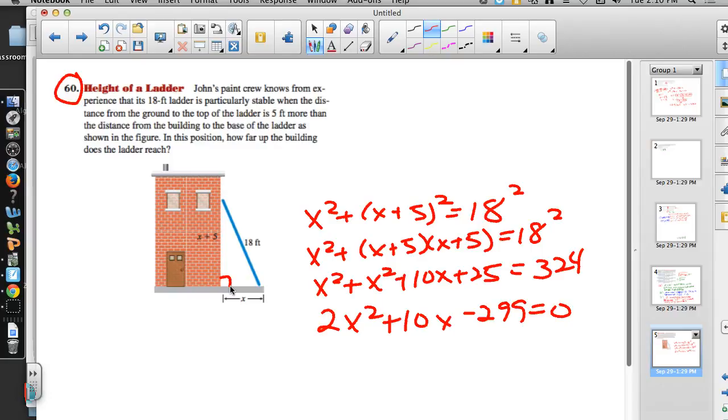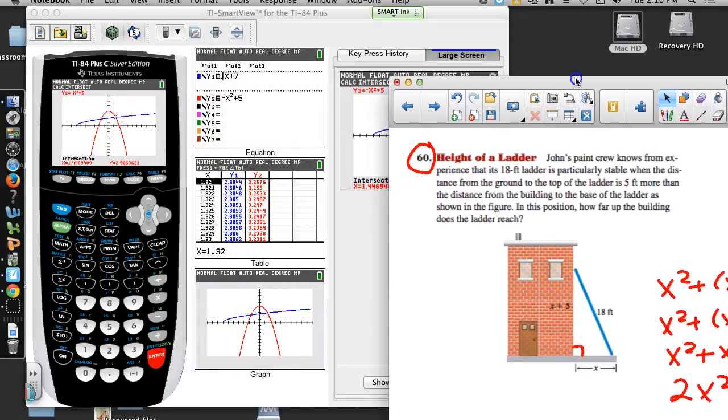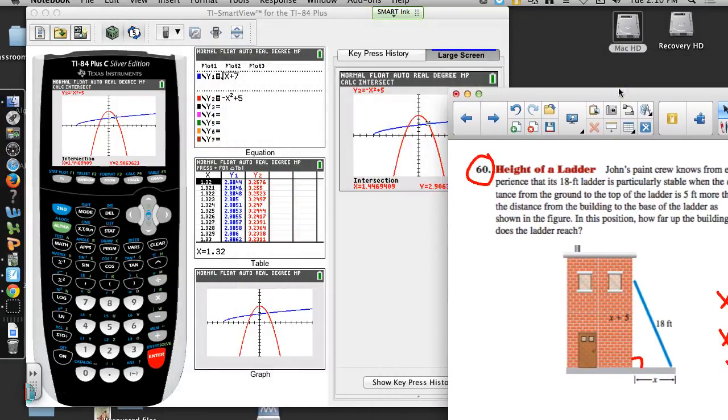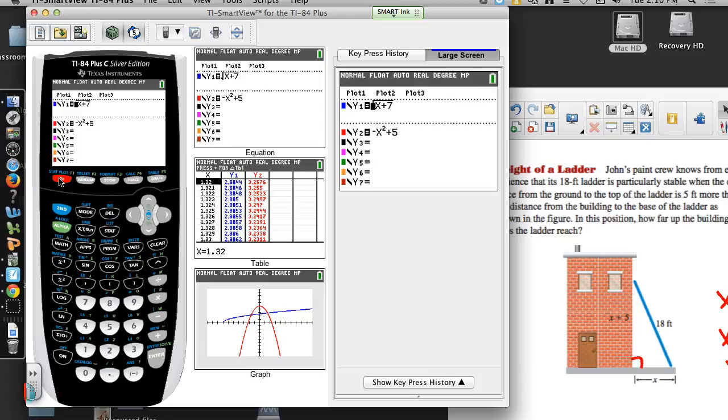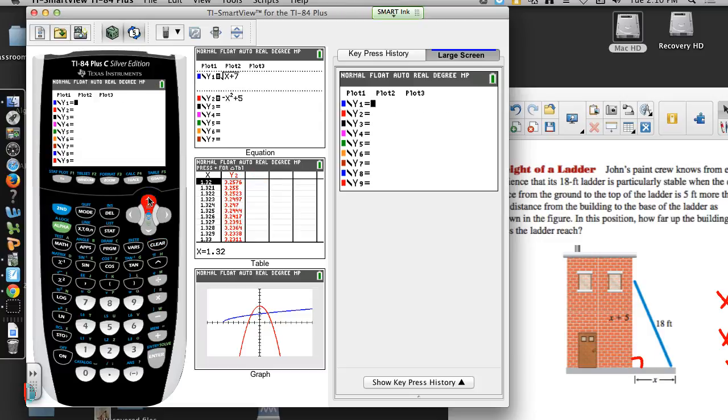And because they didn't give us a method, the best thing to do with this one is to just go ahead and punch it in and find the 0 that makes sense. Chances are pretty good we might get an extraneous solution on this one in the negatives. So what we're going to do is just punch it in and find that real 0.